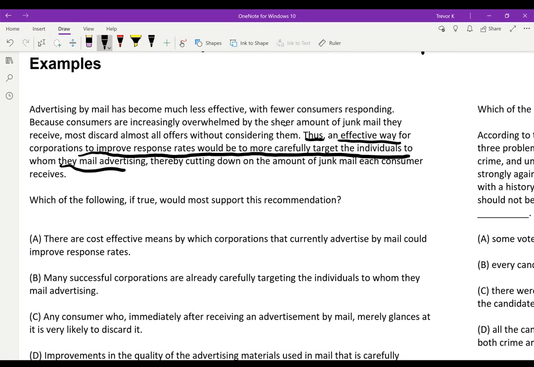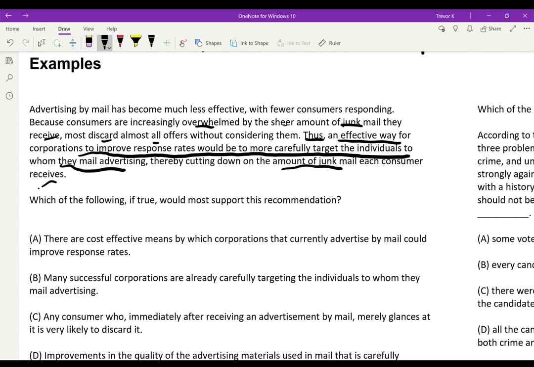So therefore that, because consumers are increasingly overwhelmed by the sheer amount of junk mail they receive, which leads them to discard offers. And if we targeted individuals, we would cut down on junk mail. So we say, because consumers are overwhelmed by the amount of junk mail they receive, therefore, an effective way for corporations to improve response rates would be to more carefully target the individuals to whom they mail advertising.